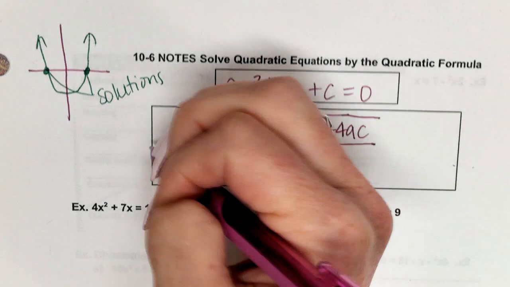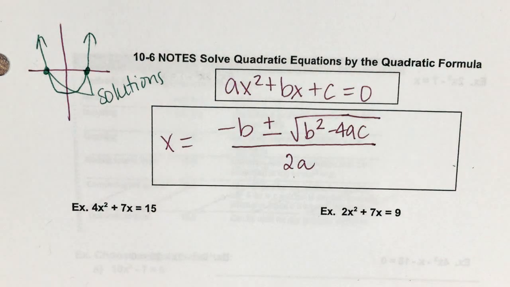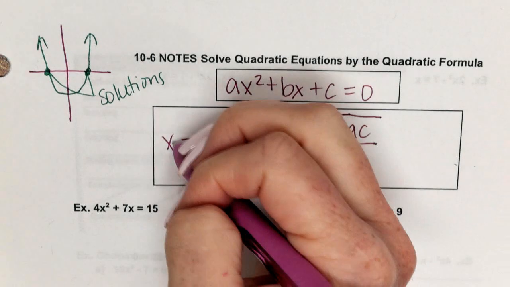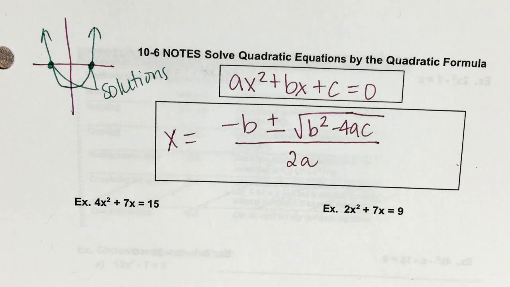And this will solve for your values of x, which is your x-intercepts. It looks like a hard formula, but I promise you it's really not. It's really, really easy.